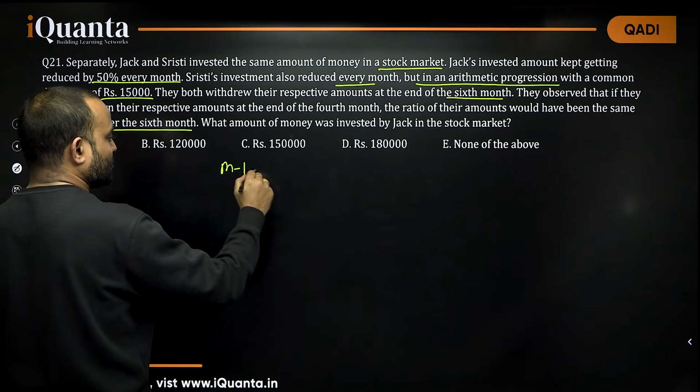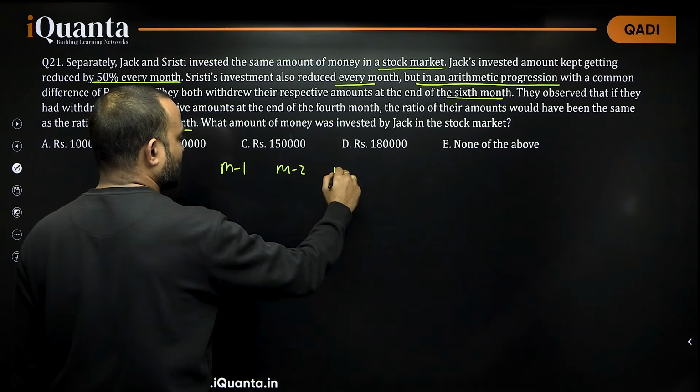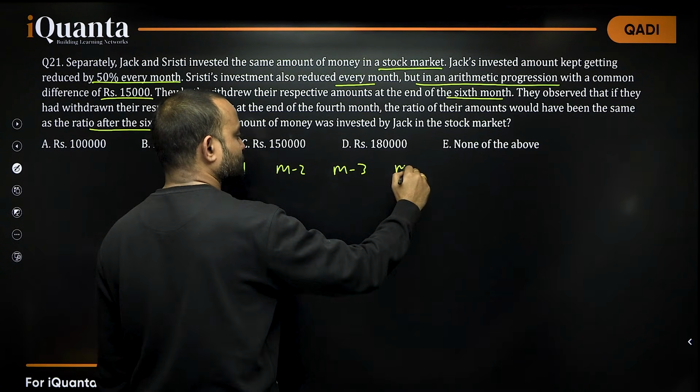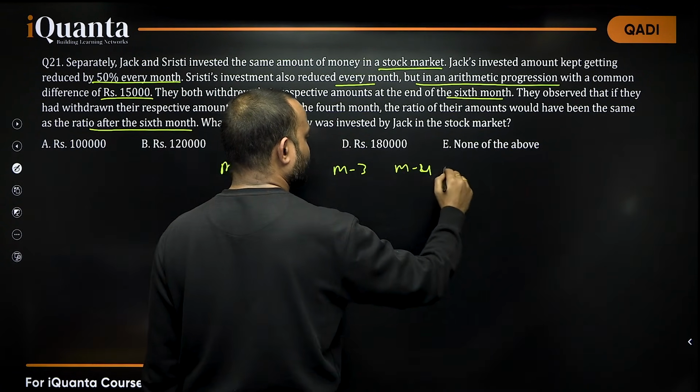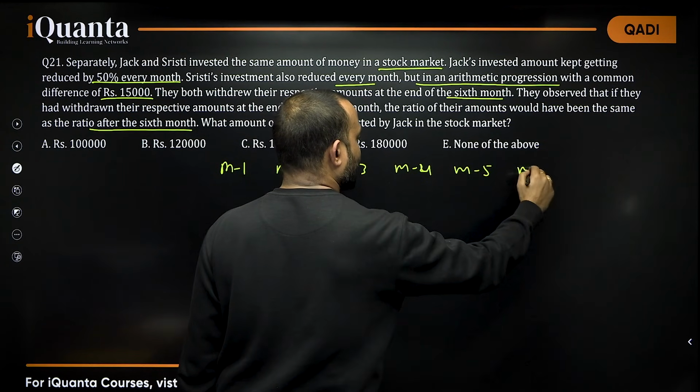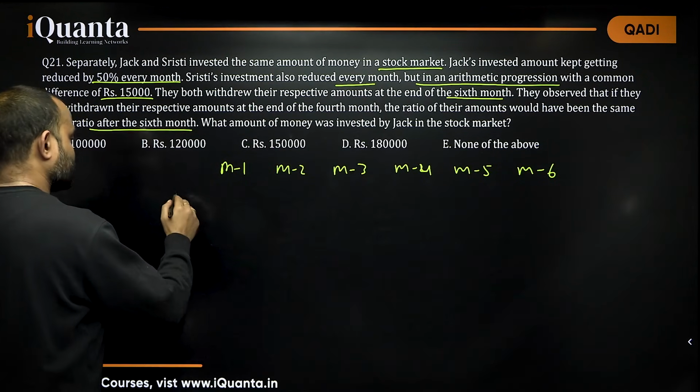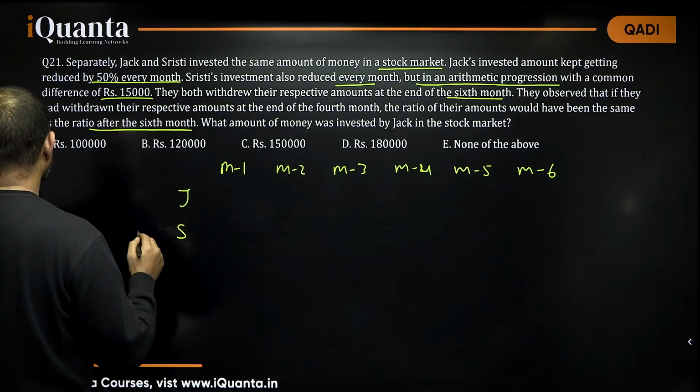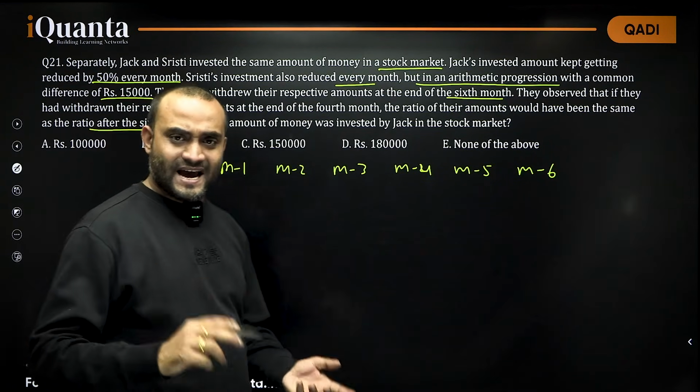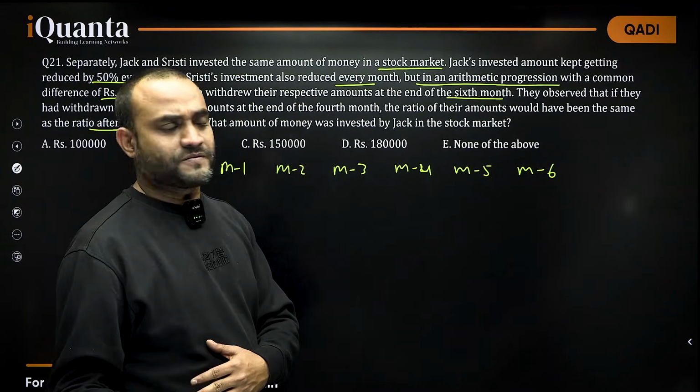So let's write down the money which is left after month 1, 2, 3, 4, 5 and 6 in the case of Jack and in the case of Srishti. In the case of Jack, it's being halved, reduced by 50% means half.